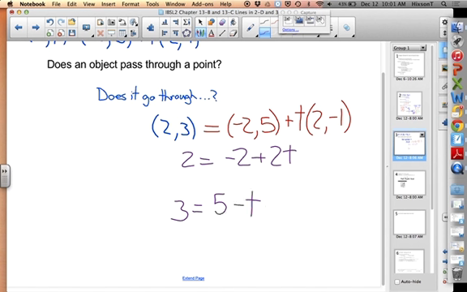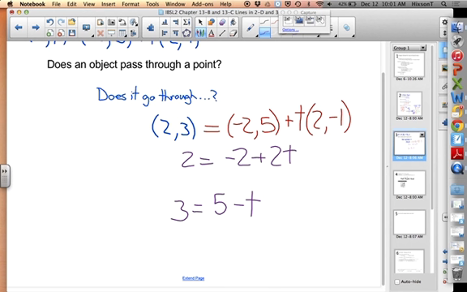Now, how would we then know if the point's on the line? If the time is measured in a full second interval, I guess you get a single non-decimal. We're allowed to have decimal times. You know, we could go for 1.4 seconds or something like that. Amanda, I'm sorry.